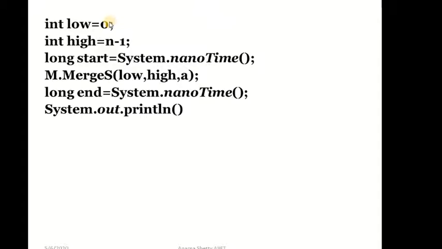Next, low will be 0. As I told you, suppose the n value is equal to 8, and suppose the numbers in the a array are 2 4 1 6 8 5 3 7.